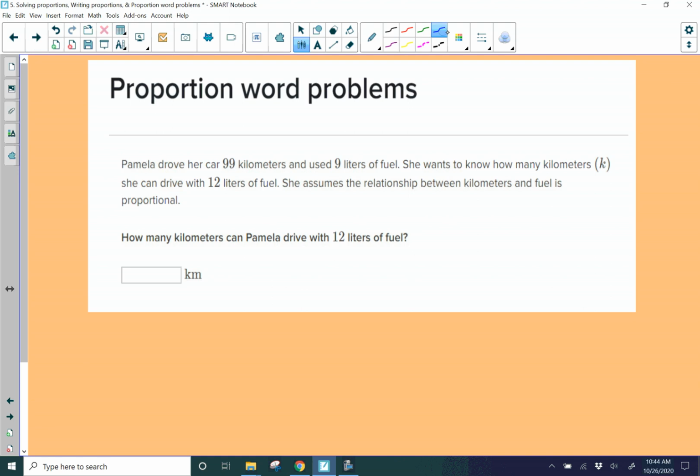So if you look at your keywords, we're using kilometers and we're using liters. So I'm going to do KM, which is our abbreviation. I'm going to do a capital L for liters. So let's set up a proportion. 99 for 9 liters equals how far can she drive with 12 liters?